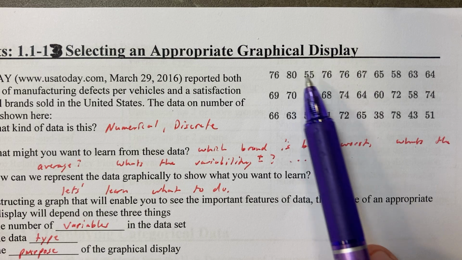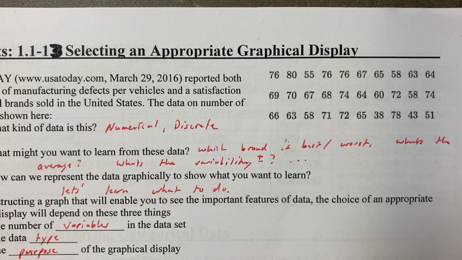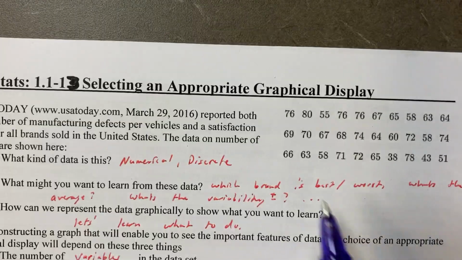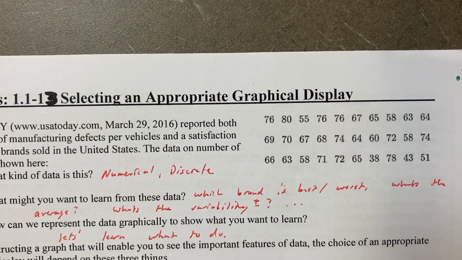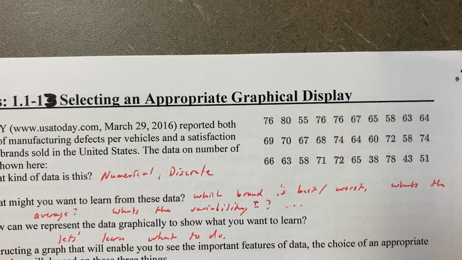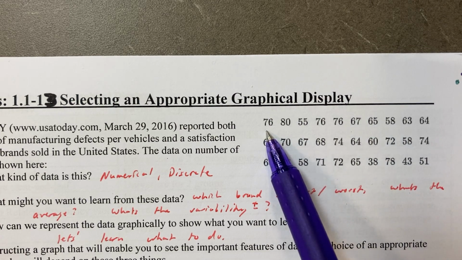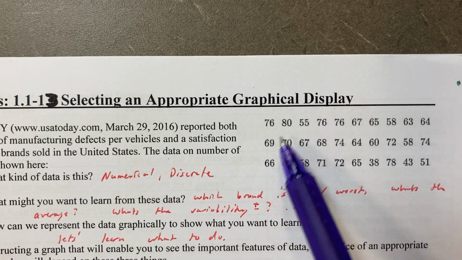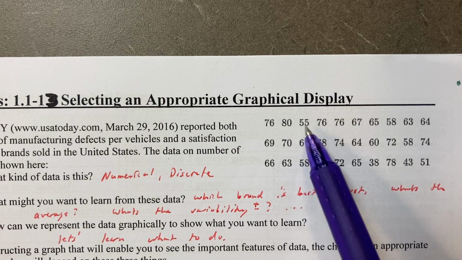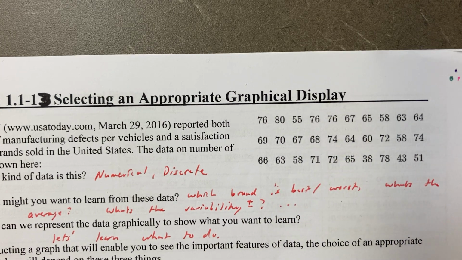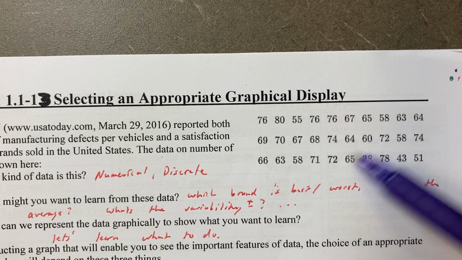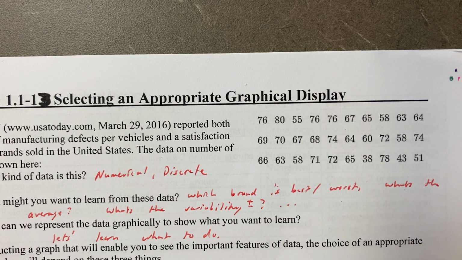So that's a lot of defects. Anyway, it's data. So apparently number of defects per vehicle, for each brand. Okay, so this might be Ford. Ford had 76 defects, and maybe this is Mercedes, maybe this is Toyota, and you can see how that works out. It's hard to understand this data set, all right?